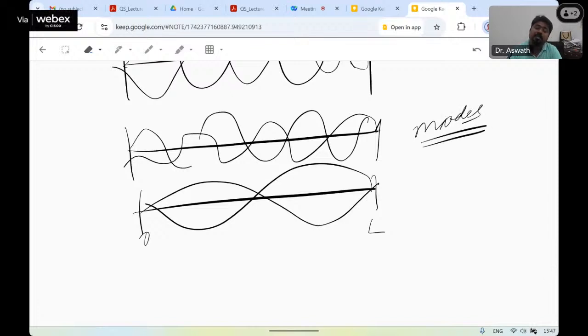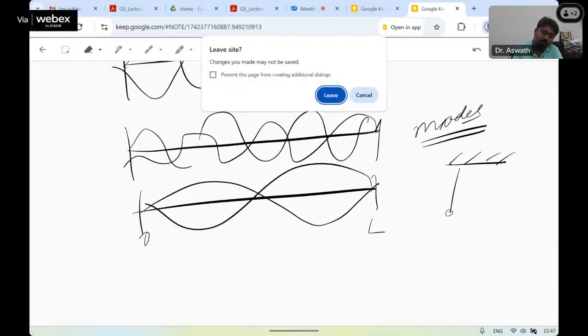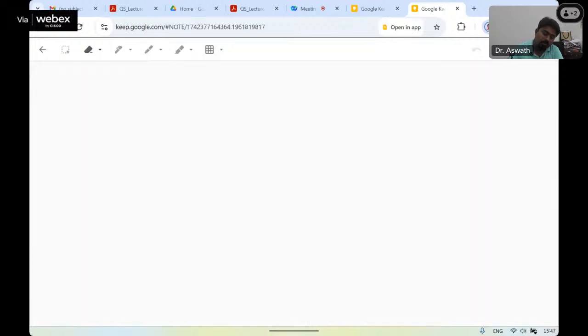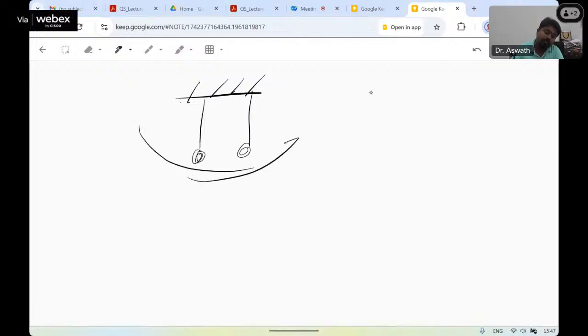So let's understand classically what the modes are. For example, if I just take two pendulums, these two pendulums can oscillate in various ways. Both the pendulums can come to the left and go to the right together.